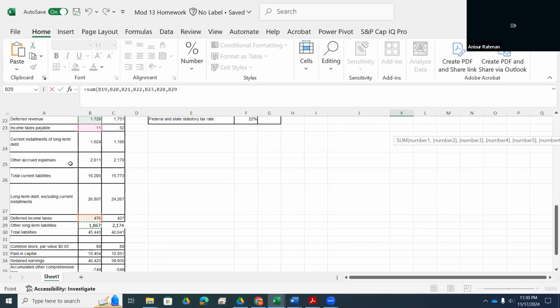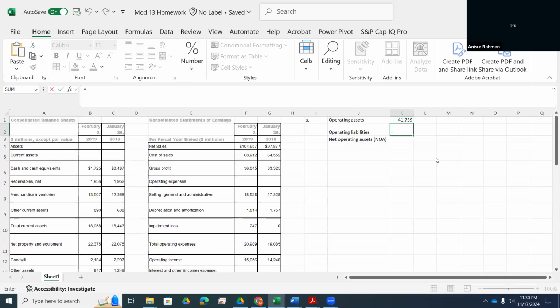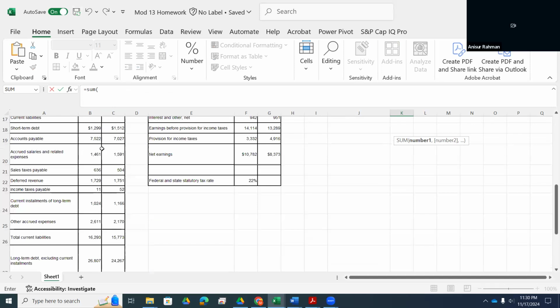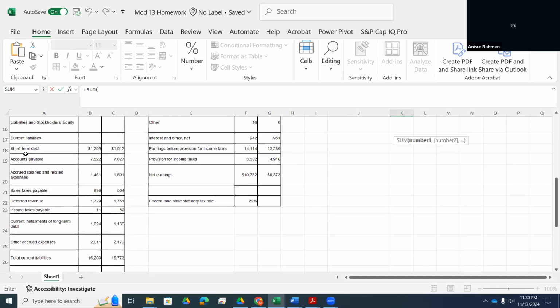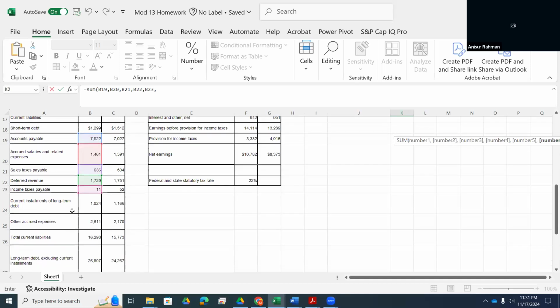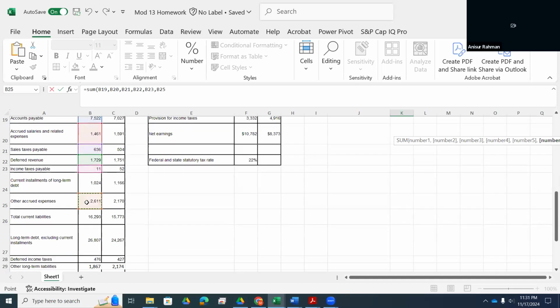So I forgot to highlight this one. So let me do it again. Sum. I'll start with accounts payable, comma, accrued salaries, comma, sales taxes, comma, deferred revenue, comma, income taxes, comma, skip debt, other accrued, comma.